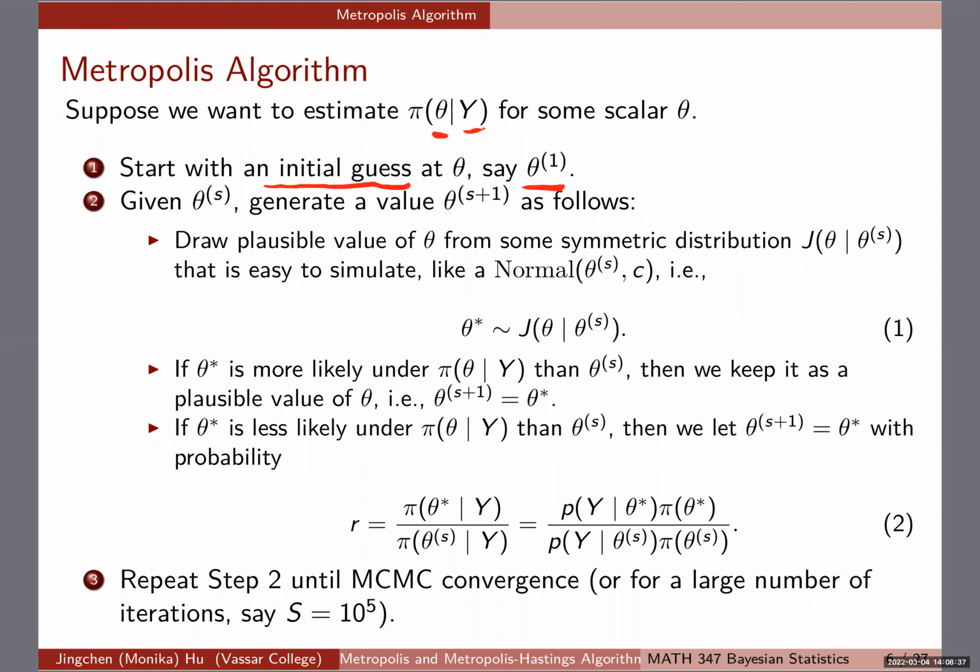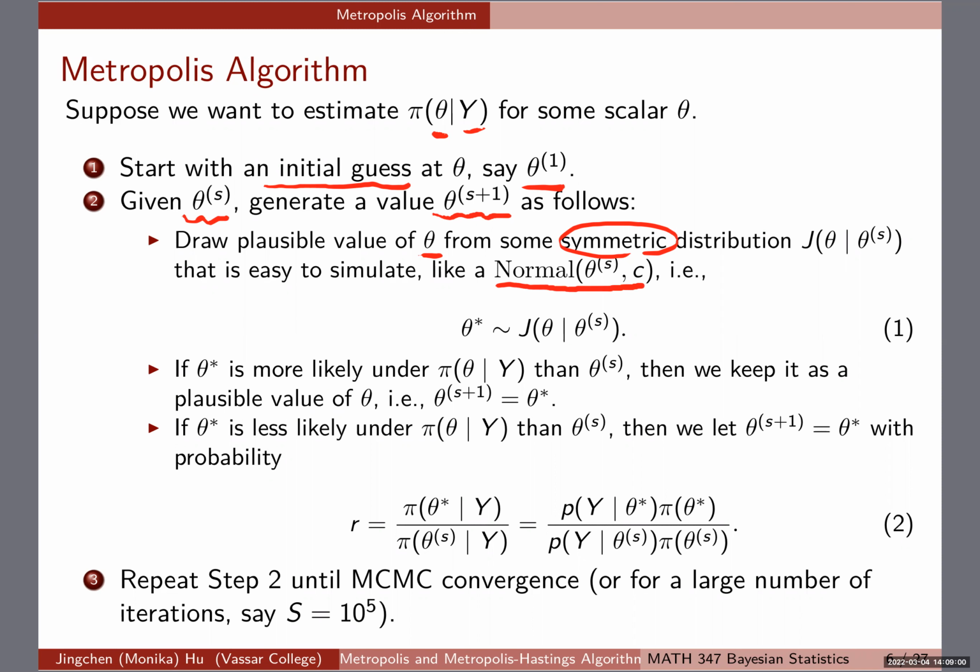So at a particular iteration s, if I'm trying to get the next iteration for my theta, I should do this. First, I try to draw a plausible value of theta from some symmetric distribution. We're going to talk about what kinds of symmetric distributions you can use. For example, as we know, normal is a symmetric distribution.